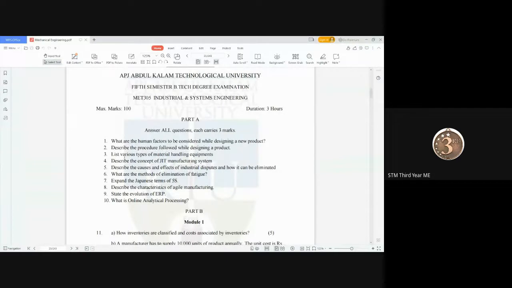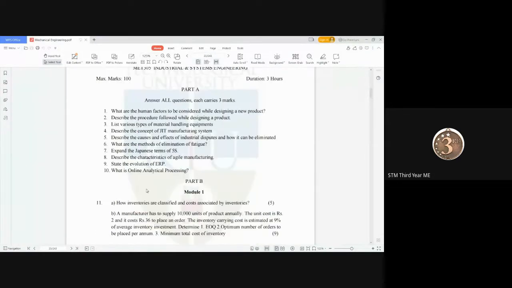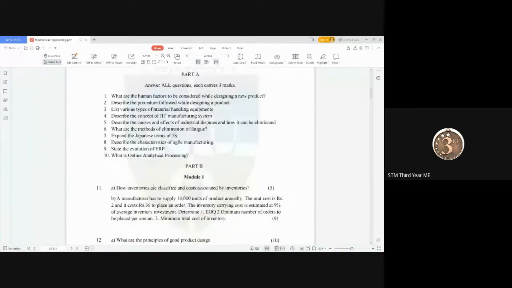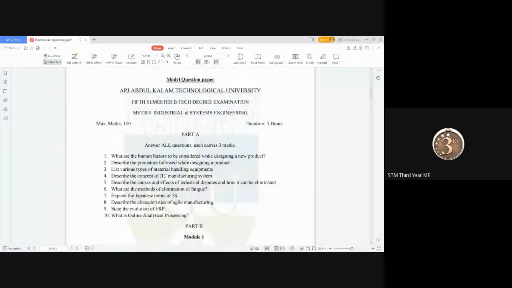You can see here part A and part B. Under 3 mark questions, part A has 10 questions, and from each module there are 2 questions.